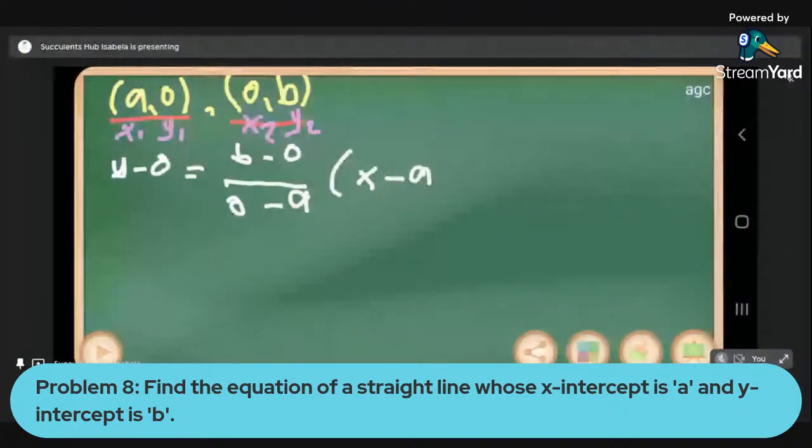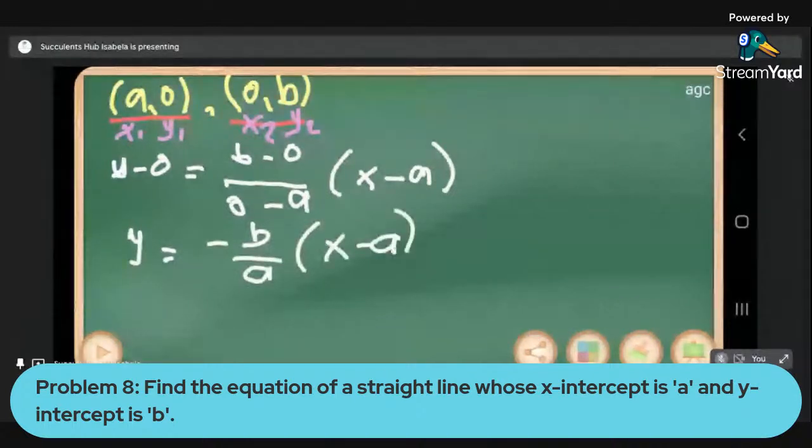So you will have y is equal to negative b over a times x minus a. So, i-simplify natin. I-distribute natin yan, yung a, para mawala yung fraction natin.